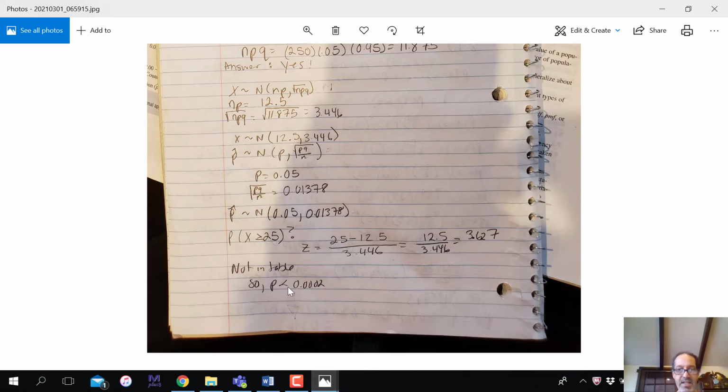That's why I put p is less than 0.0002. In your textbook, if you look at the answers in the back of the text for the odd numbers, it says p is equal to 0.000. It doesn't even give you a value because it's so small.